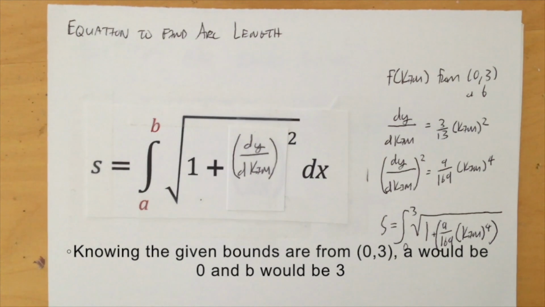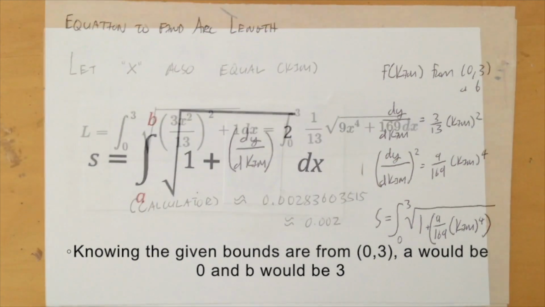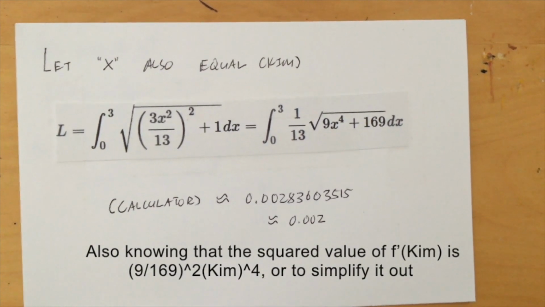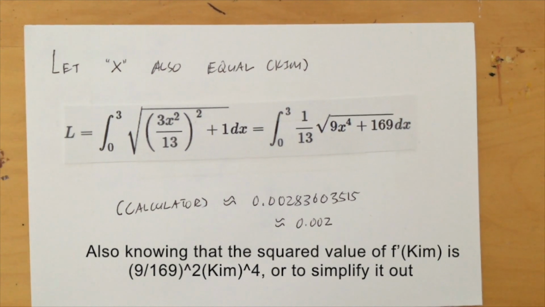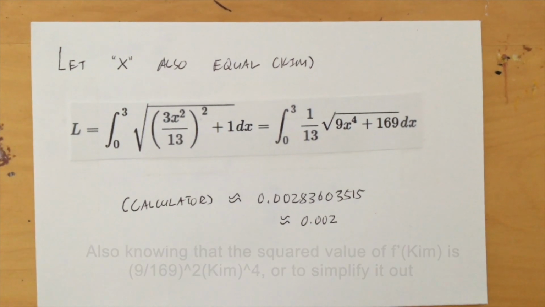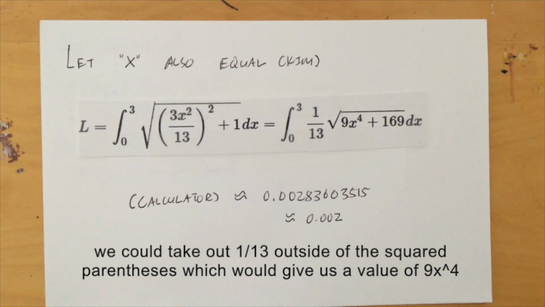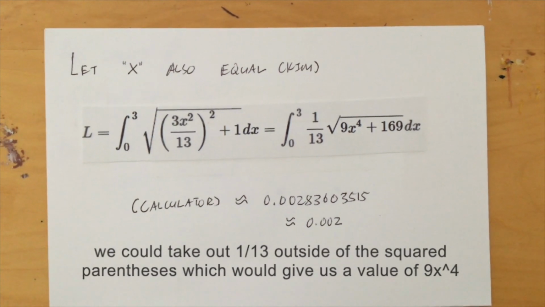Knowing the given bounds are from 0 to 3, a would be 0 and b would be 3. To simplify, we could take out 1 over 13 outside of the square root, which would give us a value of 9 x to the fourth power.